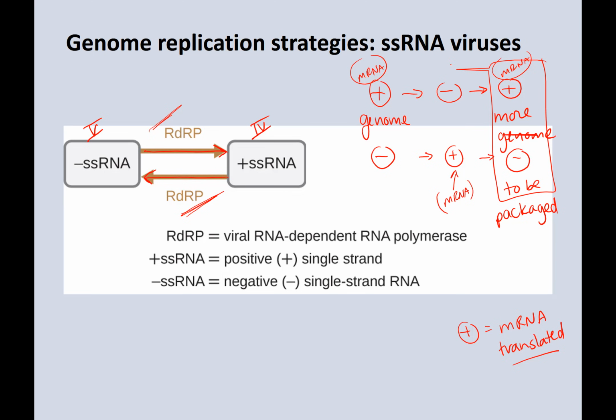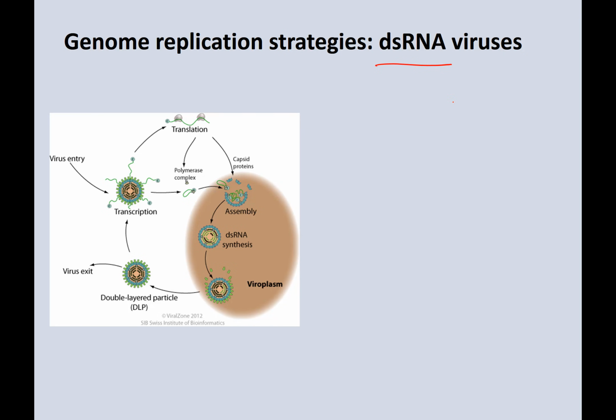So they rearrange the membranes, the ER and stuff inside the host cell to kind of hide this double-stranded RNA away. Double-stranded RNA viruses like rotavirus and the retrovirus family, they do all their double-stranded RNA synthesis inside the capsid.